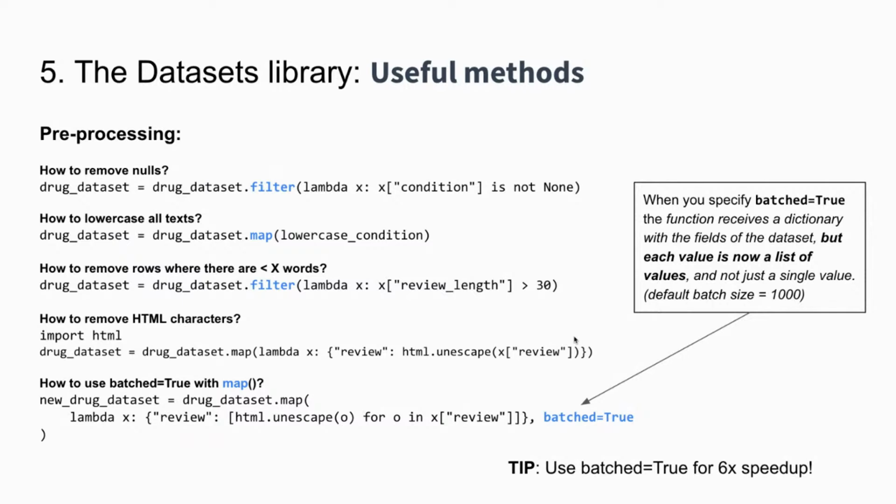For preprocessing, a lot of the things that you can do in pandas, you can do more efficiently in datasets because of the Arrow format. Here are a few examples: if you're normalizing your data, need to remove nulls, or need to lowercase all your text.